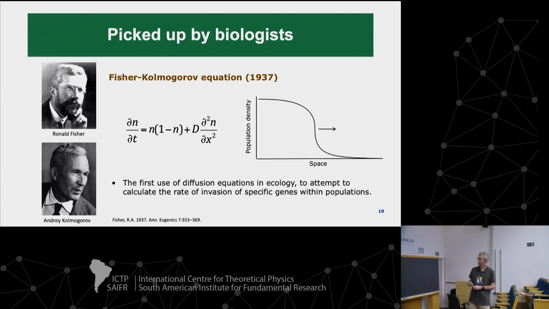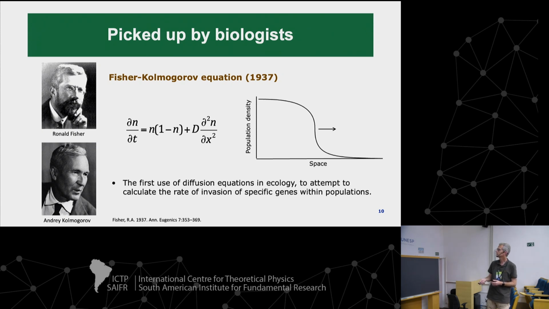So a very, very famous population biologist, and he just took the logistic growth equation and put the diffusion term in there, and saw how it could explain the spread of a gene in a population. He was very much into gene flow and genetic processes. Actually, if you want to read something very interesting, you should look at the Wikipedia page of Fisher, and you see all sorts of things about eugenics and racial differences and all these sorts of things.